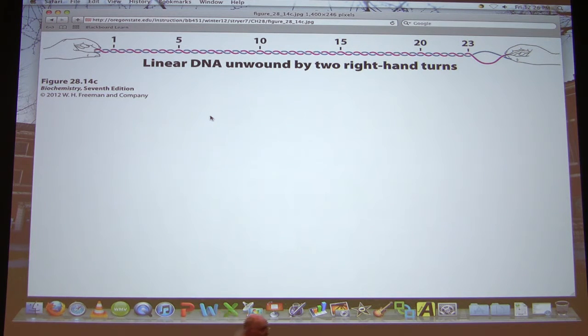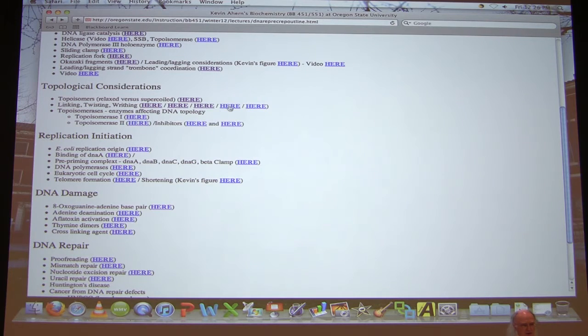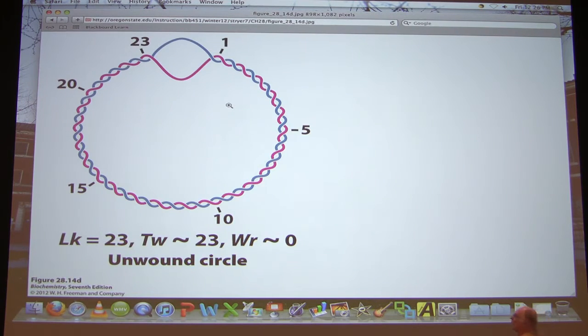I have the same number of base pairs, so when I put this guy together into a circle, I still have 23 turns, but I have 250 base pairs. This guy is going to be under strain because it's no longer 10 base pairs per turn.